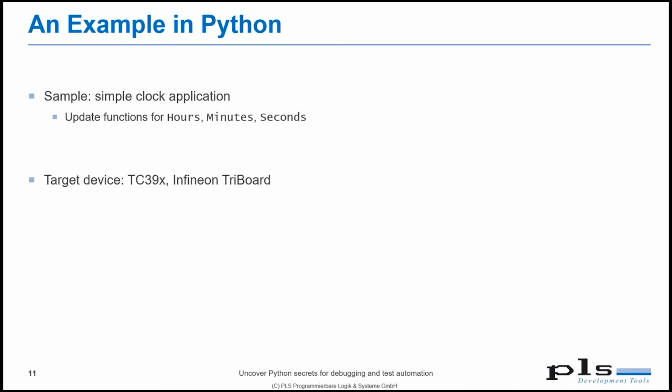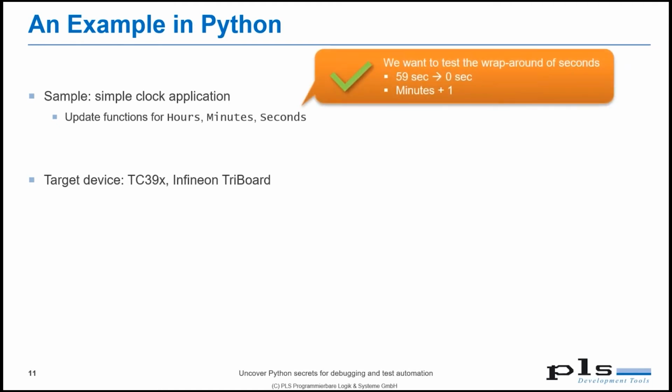So now it's time to see how it works in practice. What we want to do is to write a small test script for a simple application. The application under test realizes a simple clock. It simply counts up seconds, minutes, and hours, and we want to test the wraparound. So when a minute is up, we expect that the seconds are reset to 0 and the minutes are incremented by 1.